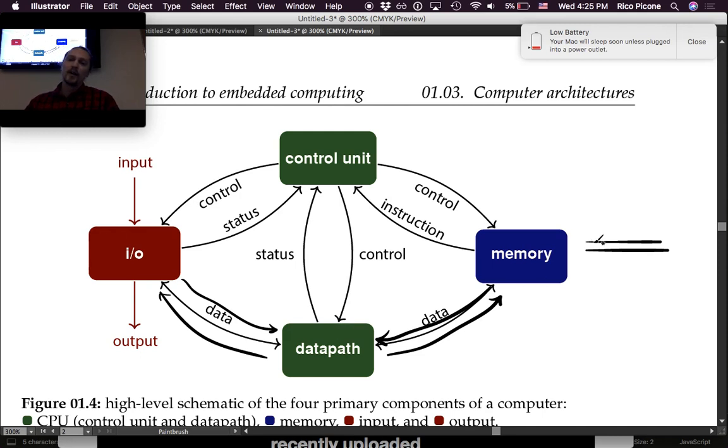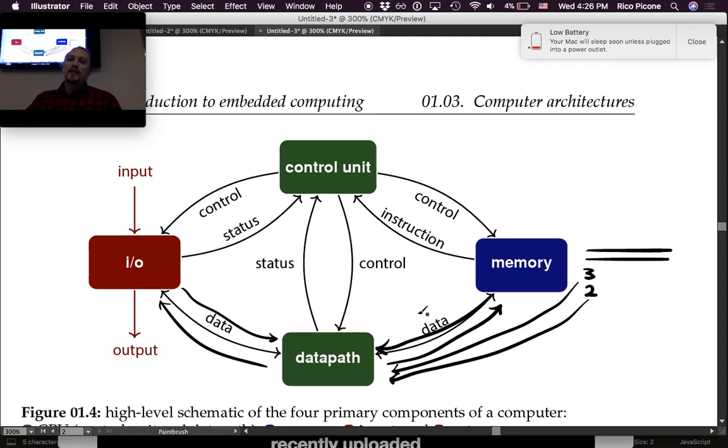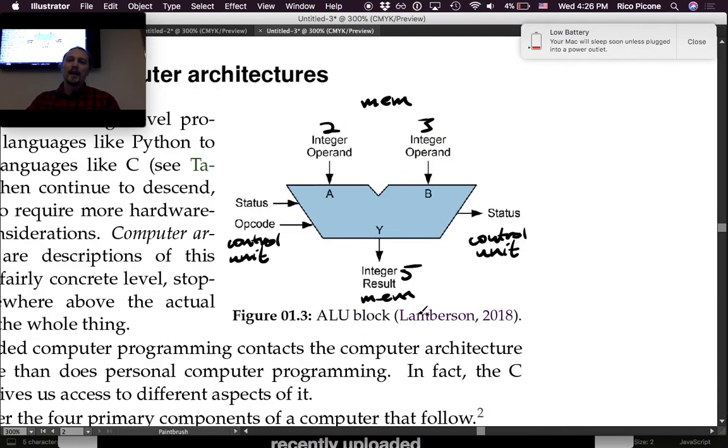So over here, the two numbers are stored, let's say, numbers 2 and 3. So 2 and 3 are in memory. Control unit says memory, send them to data path. They get sent over, and then in data path it goes through an ALU like this.